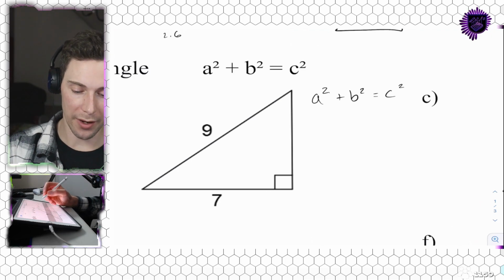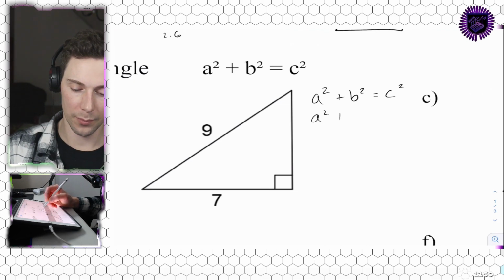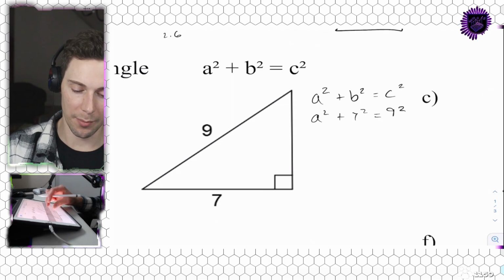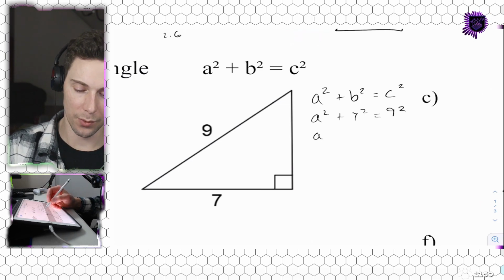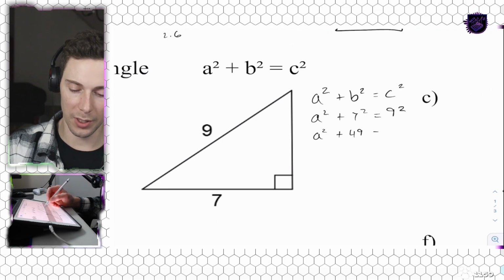let's replace what we have. We don't know A squared. We do know that B squared is 7 squared, and we know that C is 9 squared. A, some number that we don't know, plus 49 will be equal to 81.